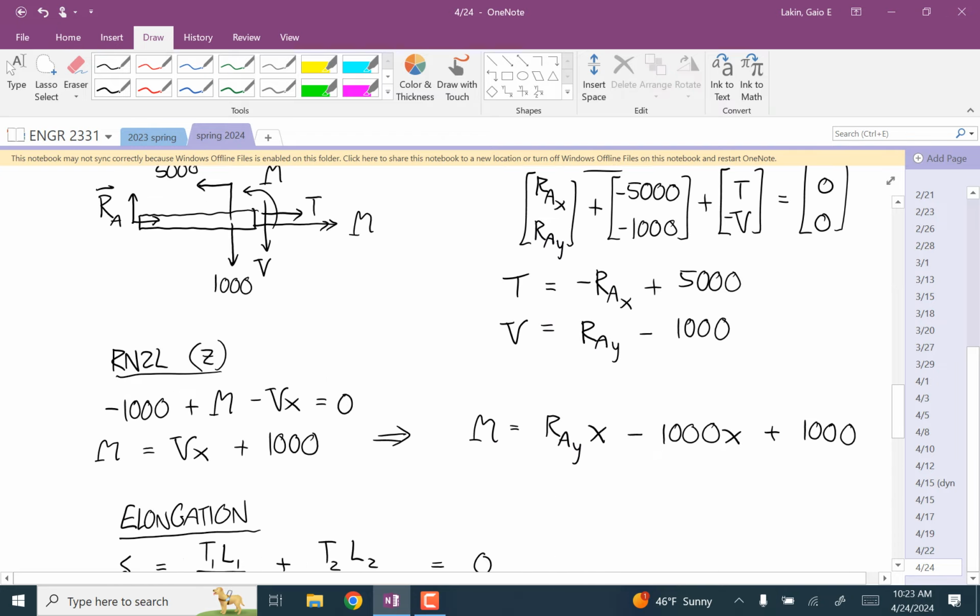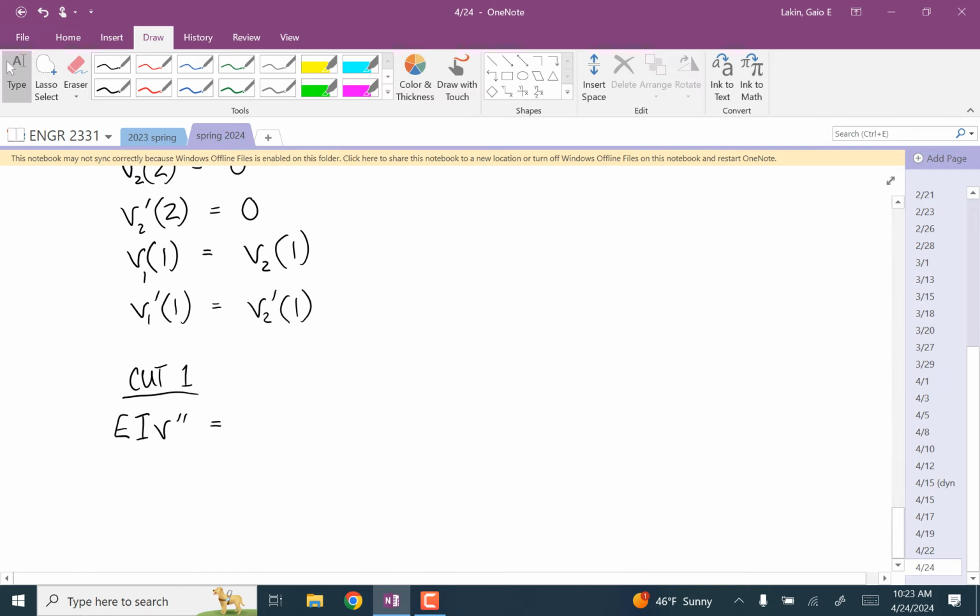That's RAY times X. Integrate once, and you get EIV prime is equal to RAY over 2 times X squared plus C1.